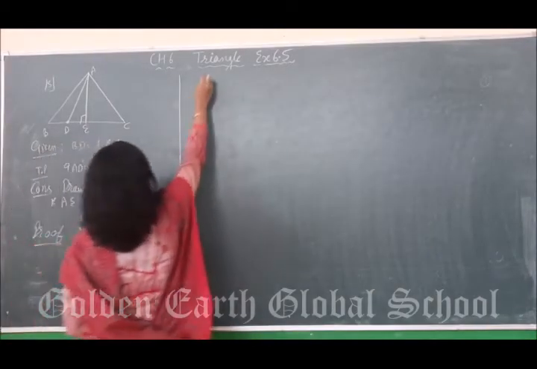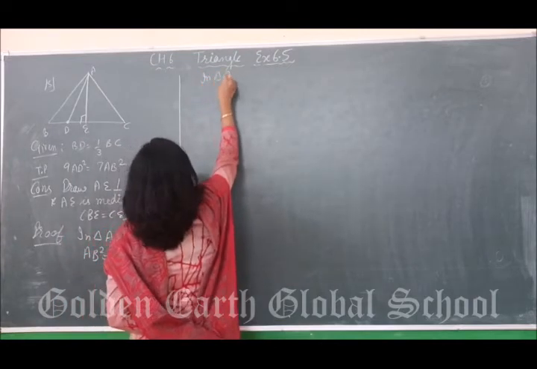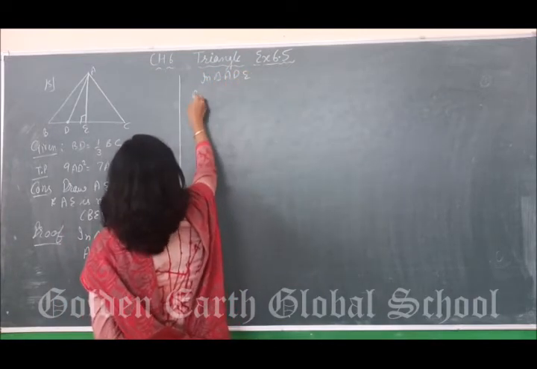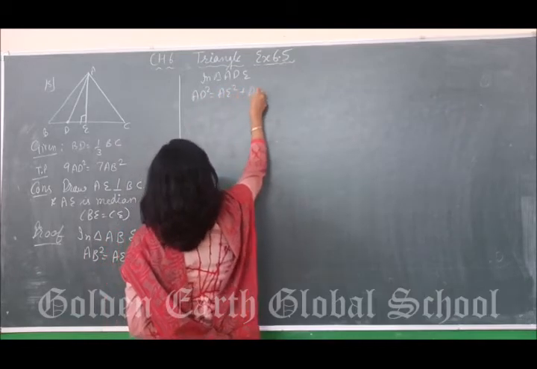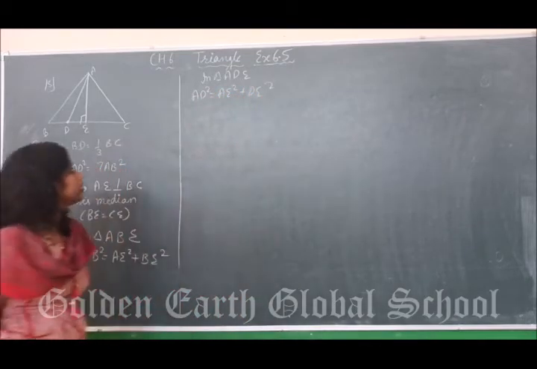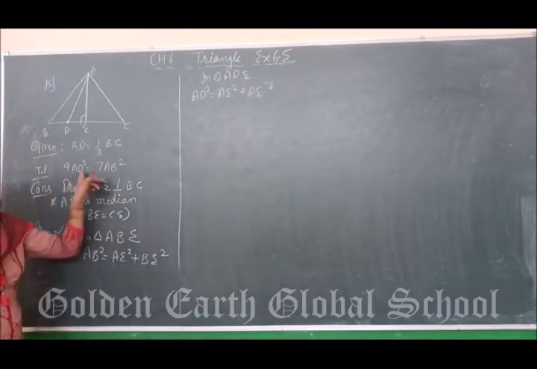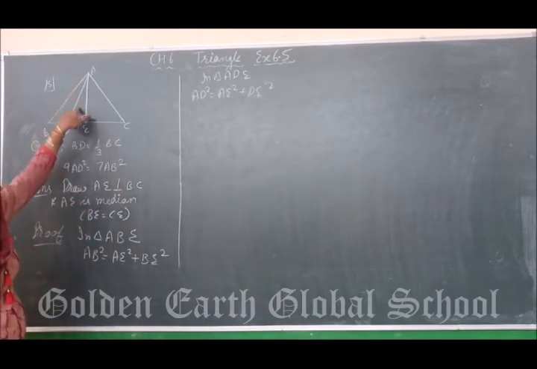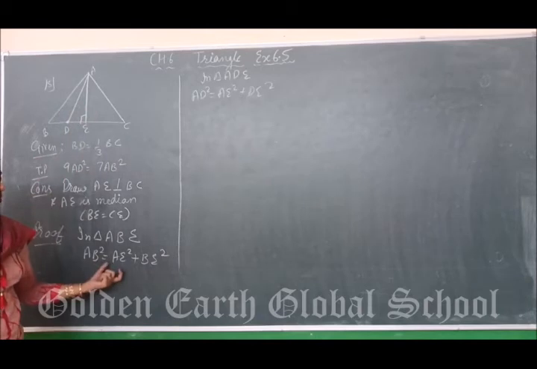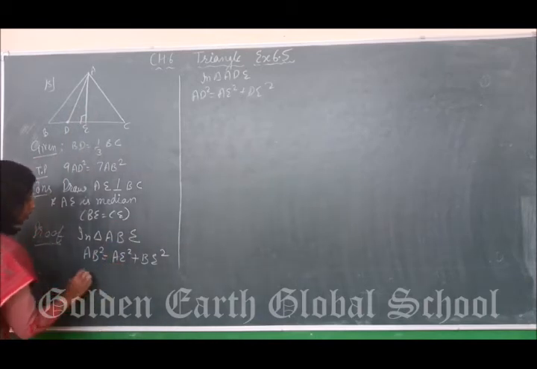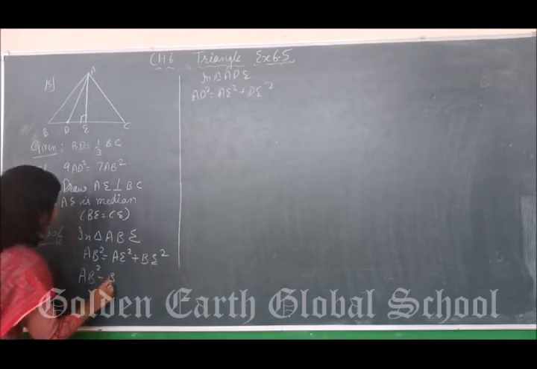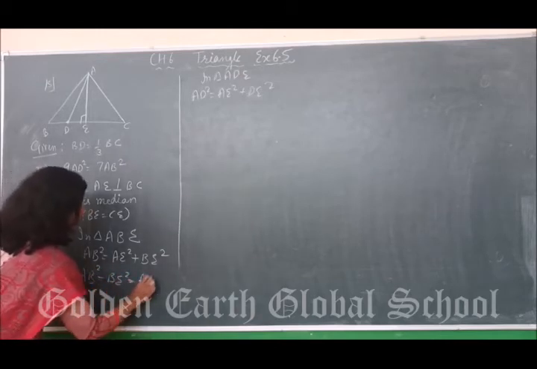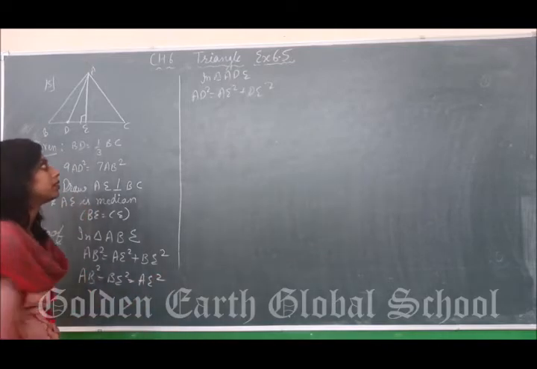Now in triangle ADE, AD square is equals to AE square plus DE square. Now here, in the proof we don't need AE square, so replace AE square from any one equation. From here AE square is equals to AB square minus BE square. Now put this value here.